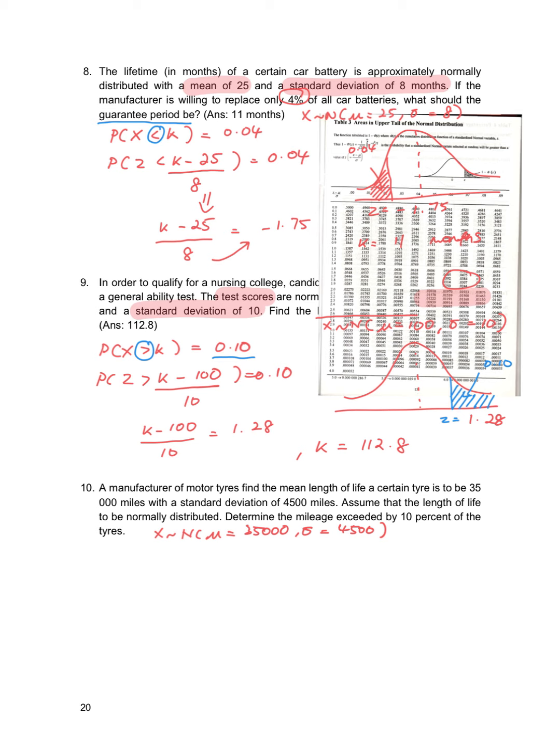Okay, kalau soalan tu dia bagi value variance, jangan lupa square root kan ya. Yang ni standard deviation dah memang sigma lah. Okay, so dia kata determine the mileage exceeded by 10% of the tires. Okay, ini dia straight away dia bagi tahu exceeded by 10%.